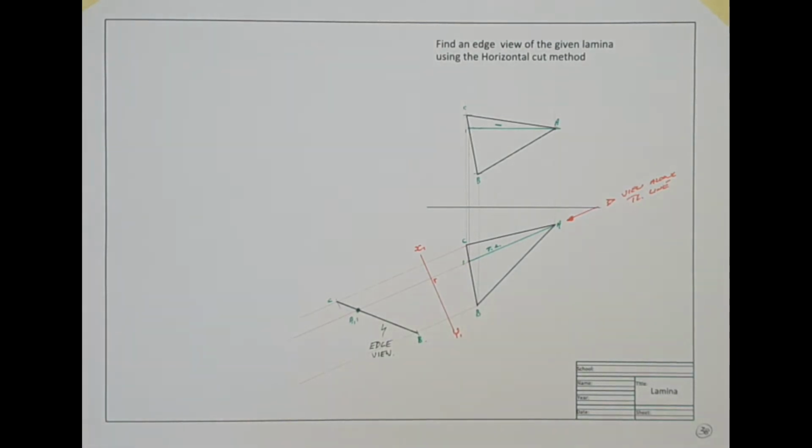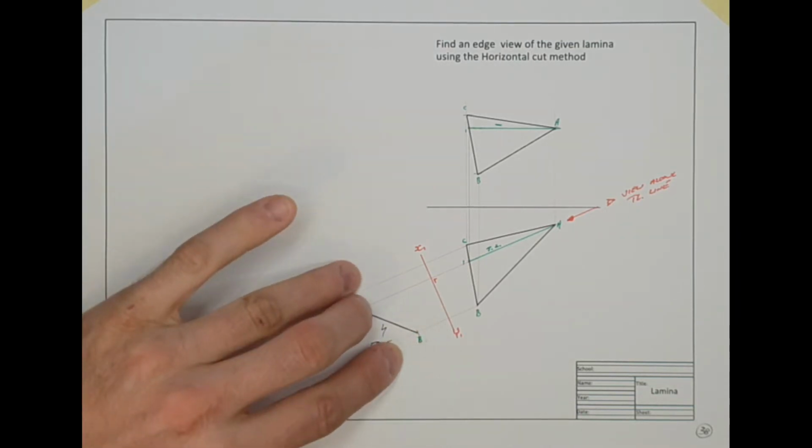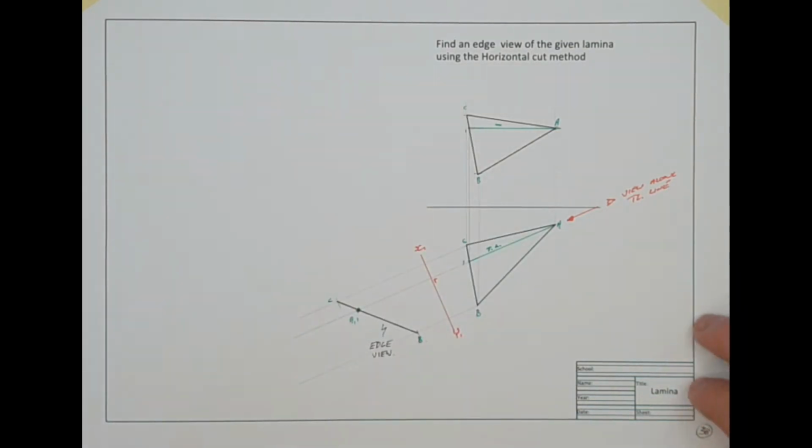So there we go. If we wanted to find, just as an extra, a true shape of the plane now, you could look at 90 degrees to the edge view, looking up or down. Or you could rabat it about that edge view, maybe about the point A1 there, and then bring it back. But there we go, that's the question answered.